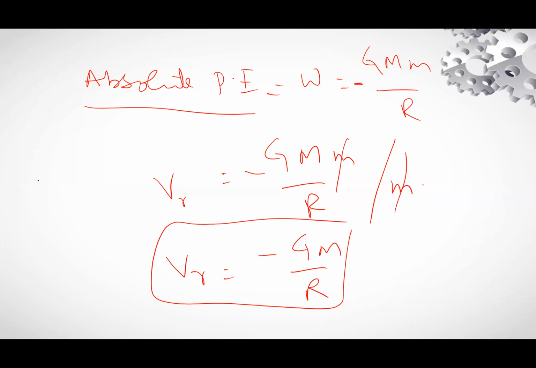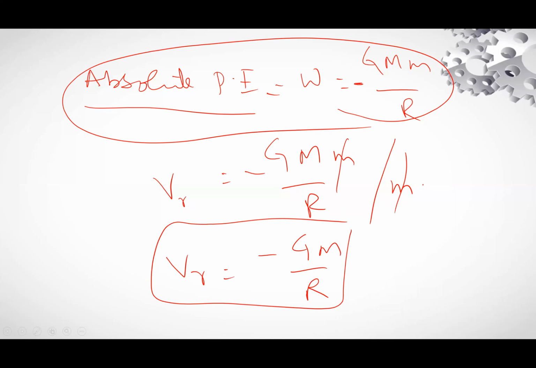Otherwise, absolute potential energy will be equal to this one. Absolute potential energy is the amount of energy for taking a body from Earth's surface to infinity. If this is Earth's surface, you take this body to this point, out of the gravitational field, so the work done during this journey is called absolute potential energy.